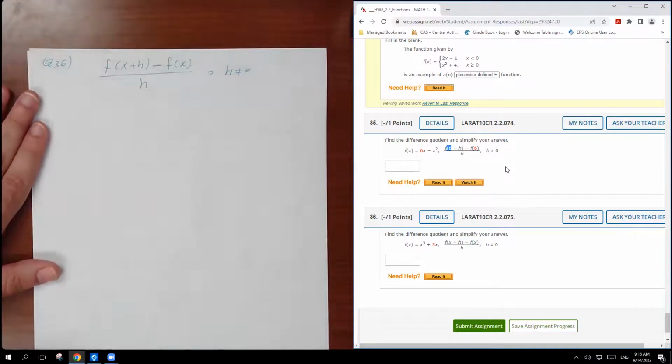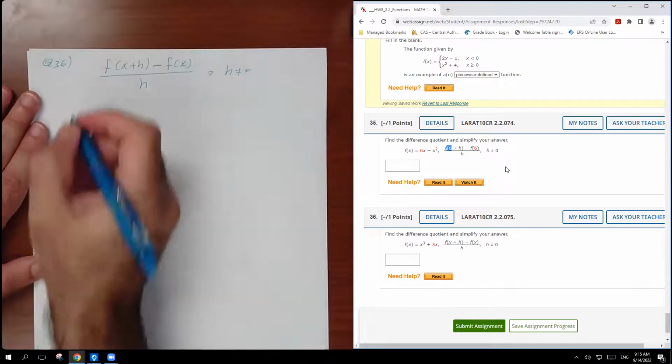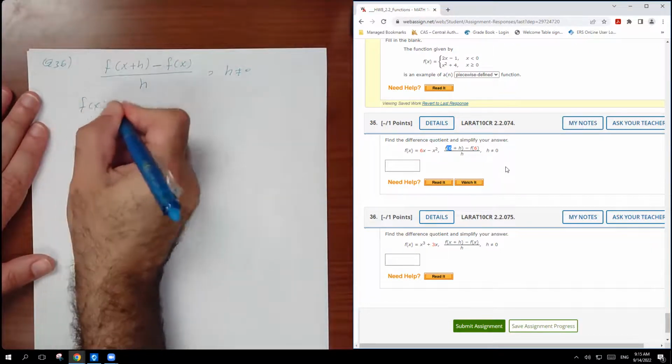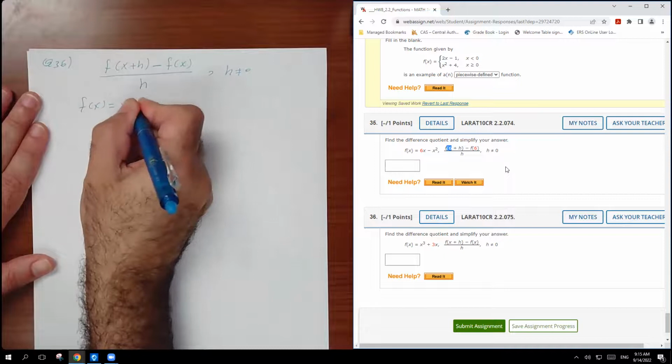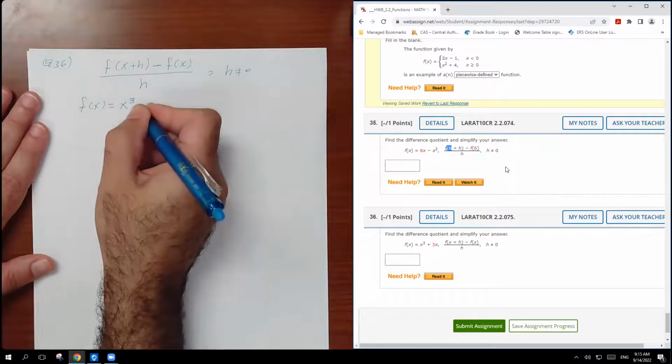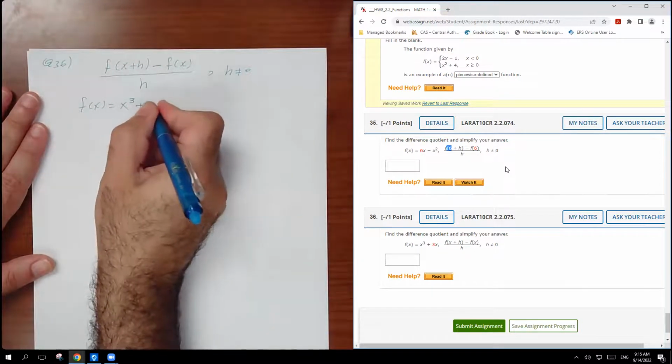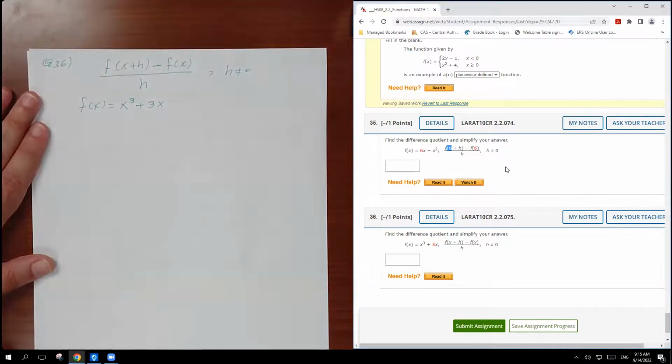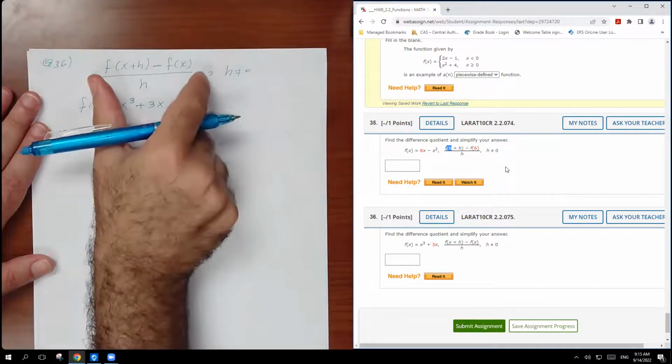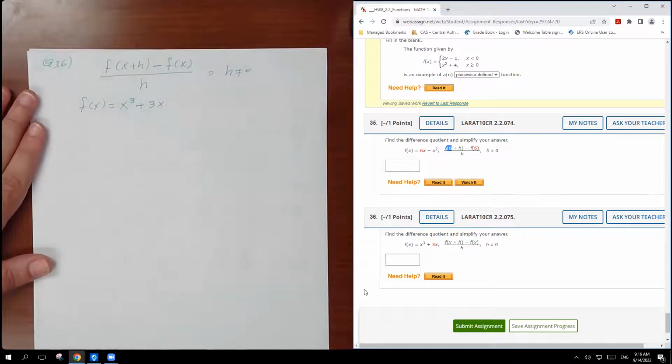They ask you to use f of x equal x cubed, this is the function, minus or plus 3x. Now here's our function. We need to use the difference quotient.